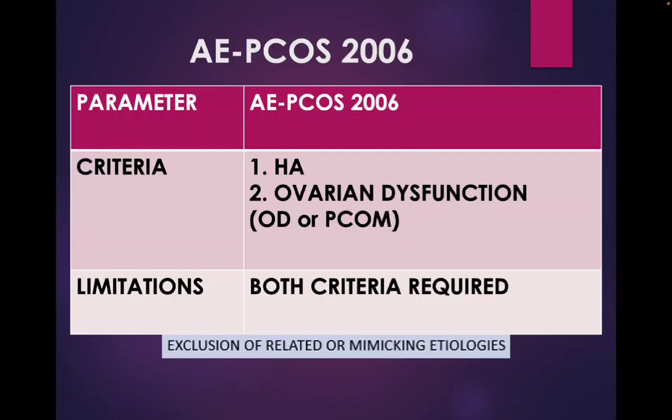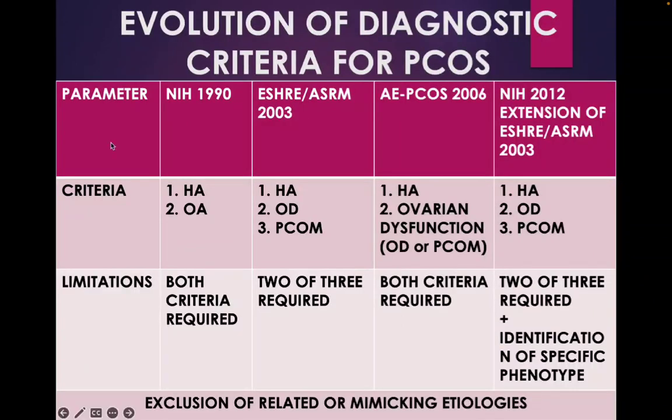So now it is just a comparison of NIH 1990, ESHRE 2003, and Androgen Excess PCOS in 2006. Then came the NIH 2012. The NIH in 2012 undertook an evidence-based methodology PCOS workshop, which led to the formation of different phenotypes of PCOS.